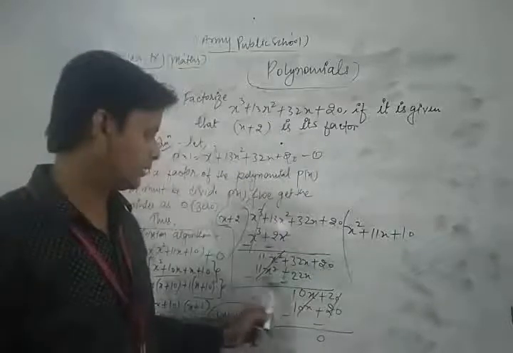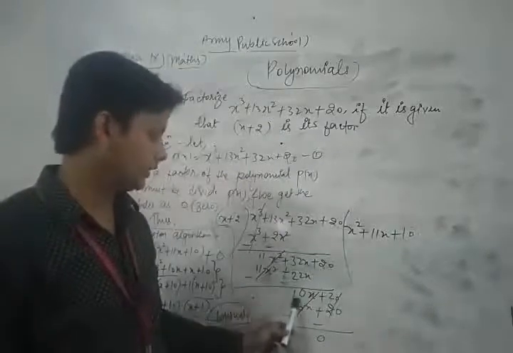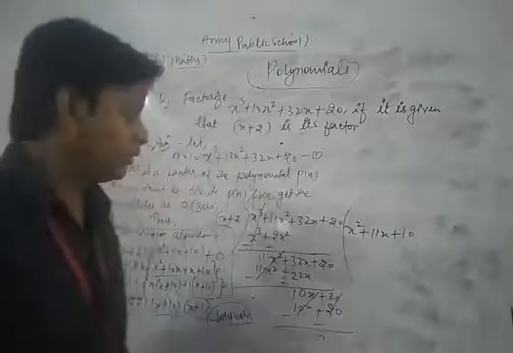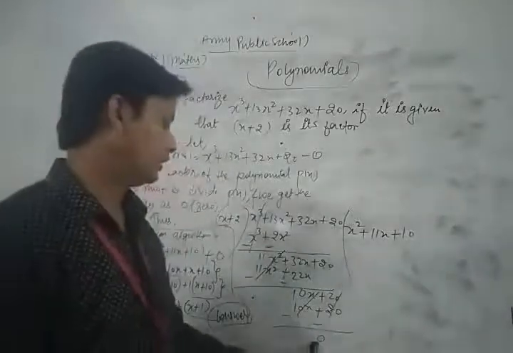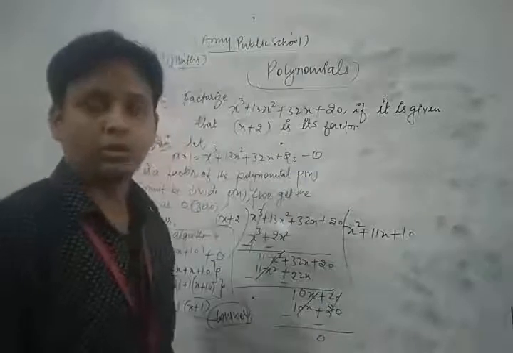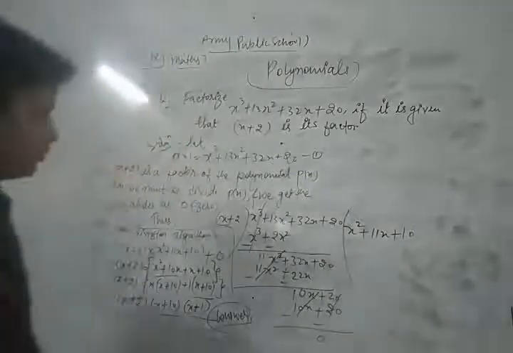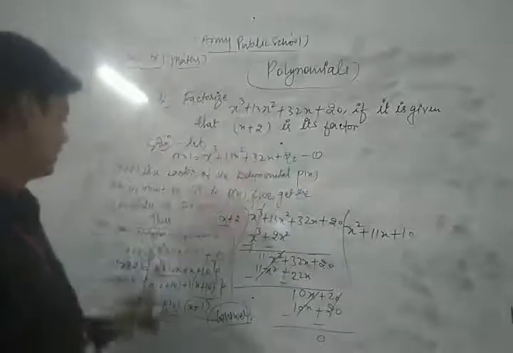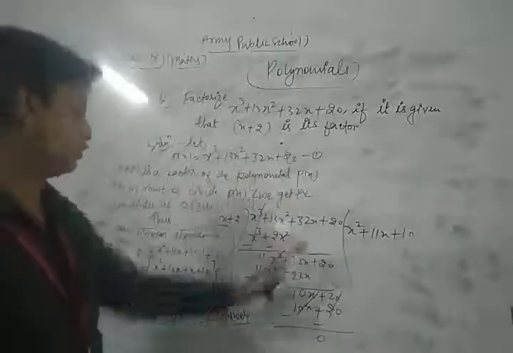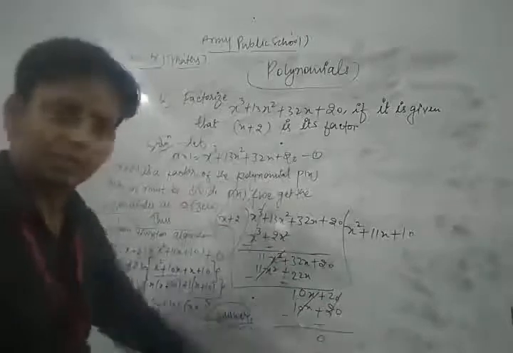Now we simplify the minus, and we get 10x plus 20. So we get the remainder 0. Now using the division algorithm, dividend p of x is equal to divisor into quotient plus remainder 0.